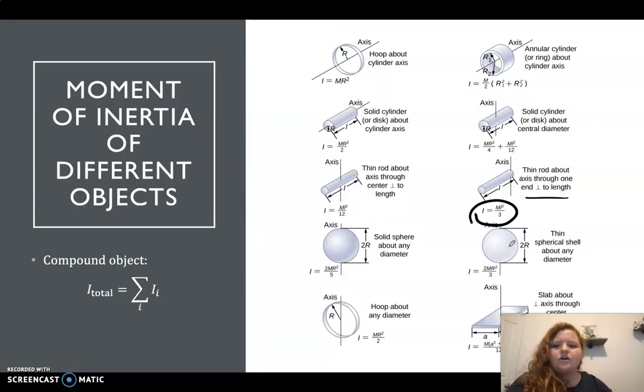All right, again, these are our different objects, the moments of inertia for these objects. Feel free to look over them. They will pop up in your homework, so just familiarize yourself with this diagram, okay?